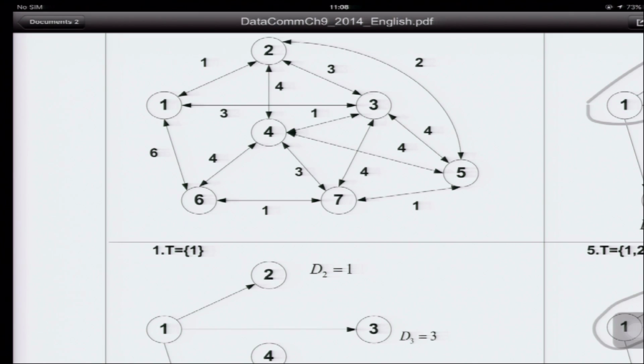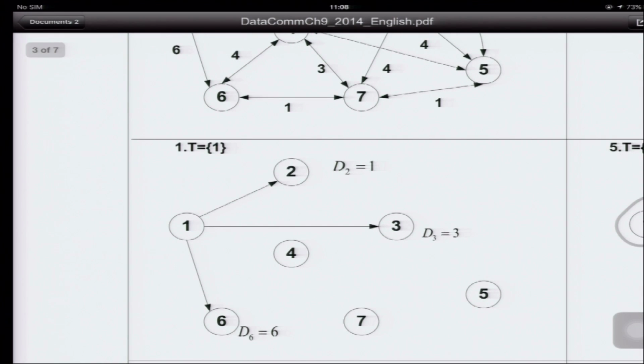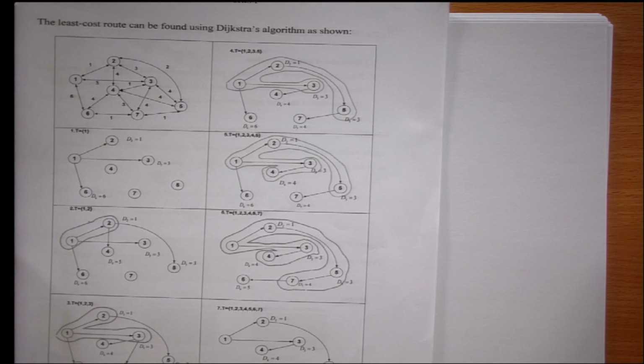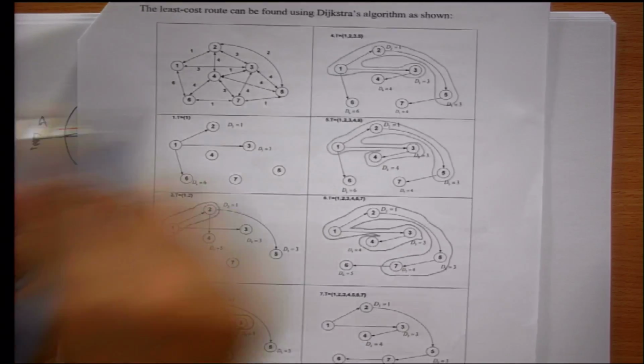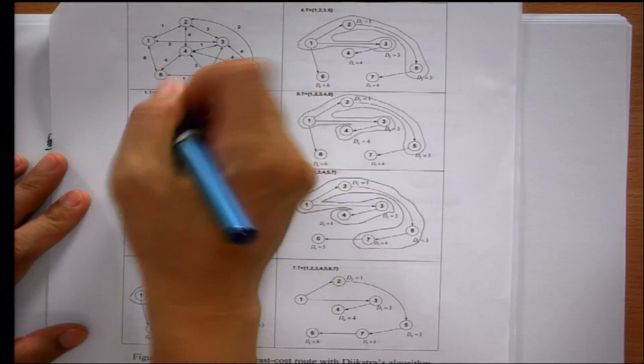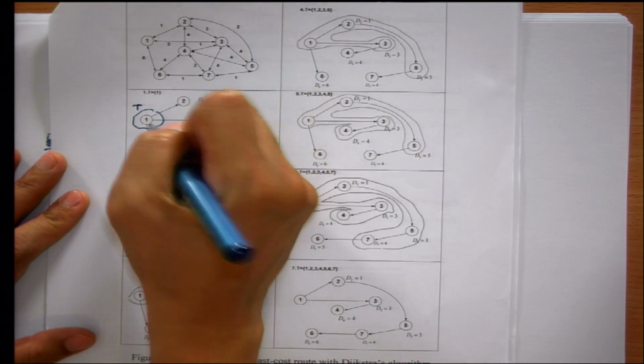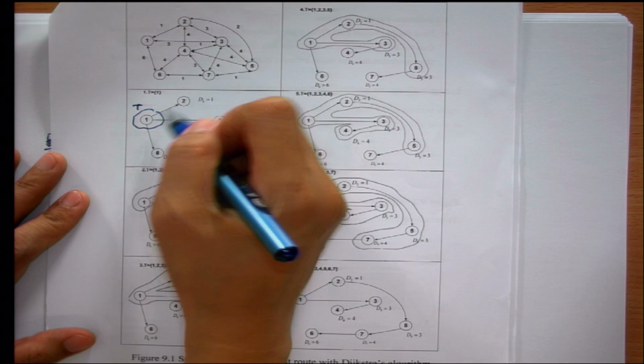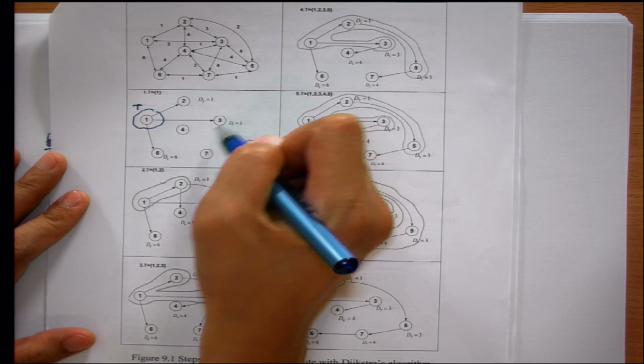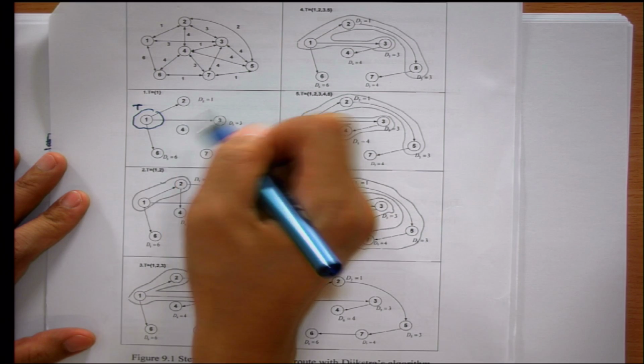So you include node number 1 inside of your set. This is set T at first, including only node 1. And then you look at the neighboring nodes, which are node 2, node 3, and node 6, which are connected directly to node number 1.